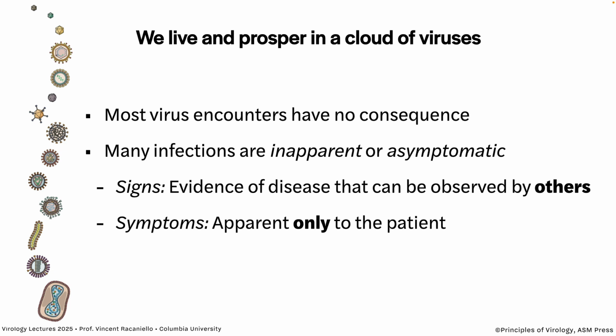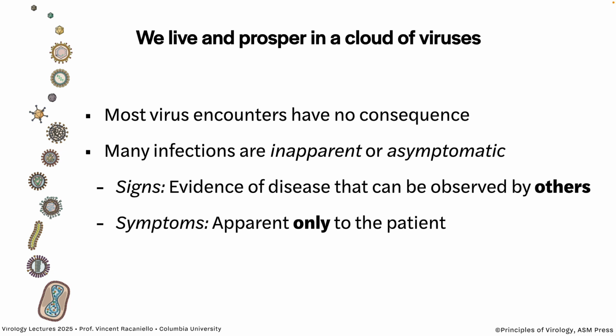So symptoms are apparent only to the patient. Then we have signs of infection. A sign is something that could be observed by others. So the rash of measles is very obvious. It's a sign of infection. Fever, you could measure. You could measure viral genomes in blood by PCR.